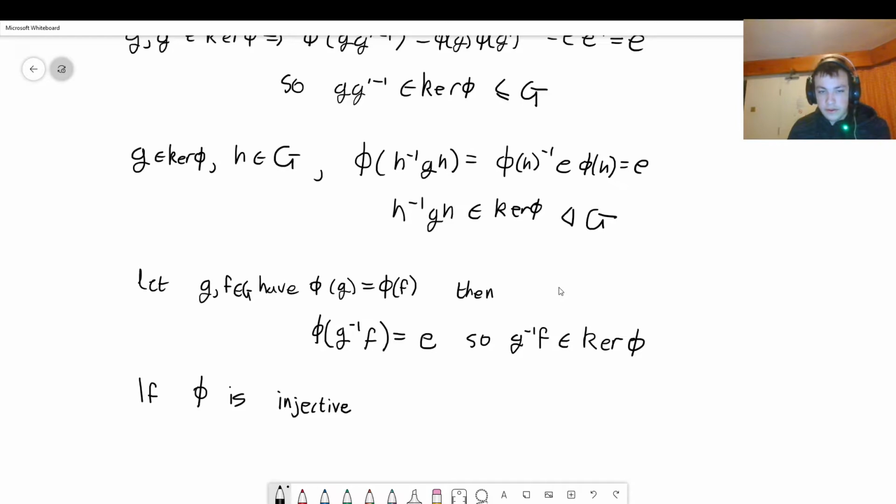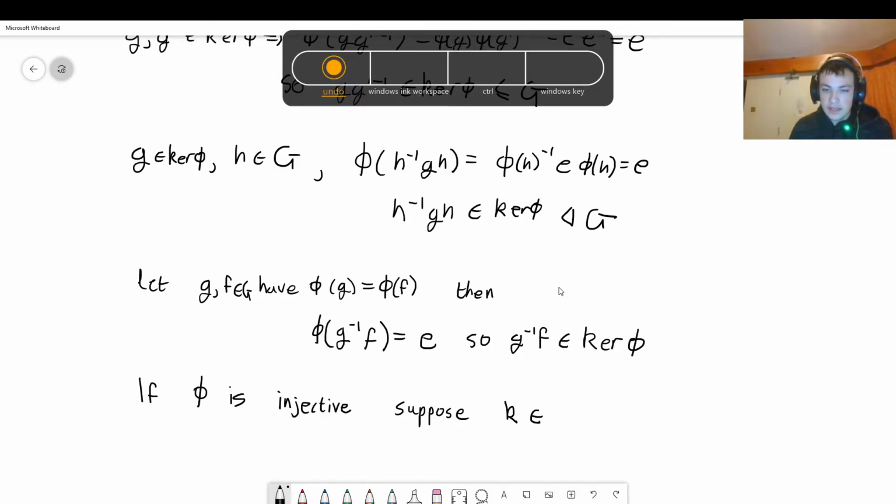then suppose there exists some k in the kernel of phi.